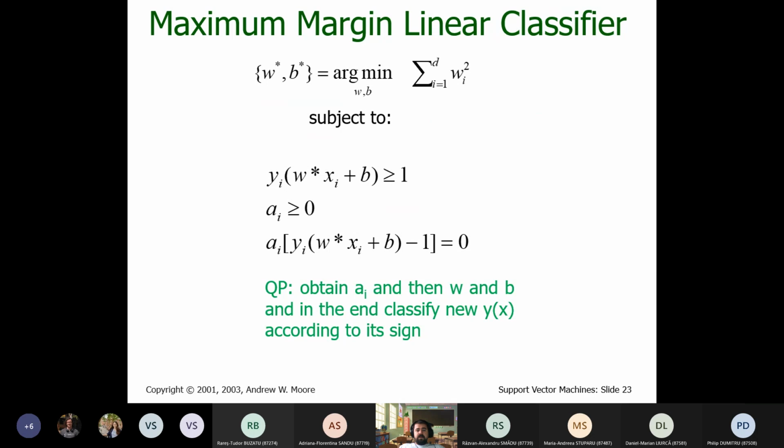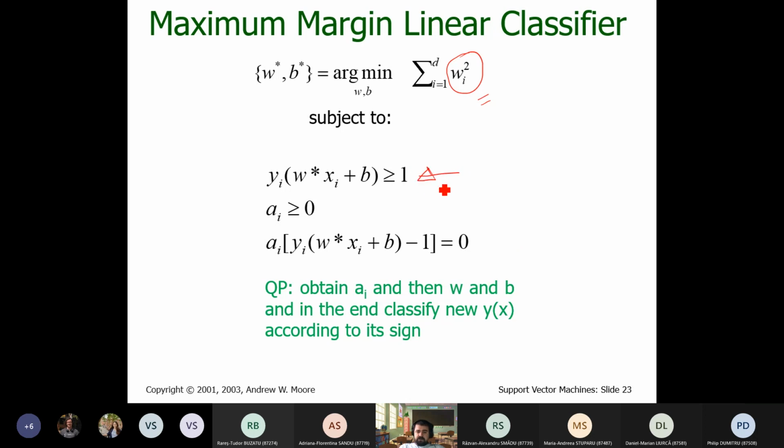So we come back to the maximum margin problem. Why did we introduce the Lagrange multipliers? Because as you saw, when we want to use quadratic programming, we need to have this minimization of a quadratic term that is in here, and we also needed to have some inequalities.